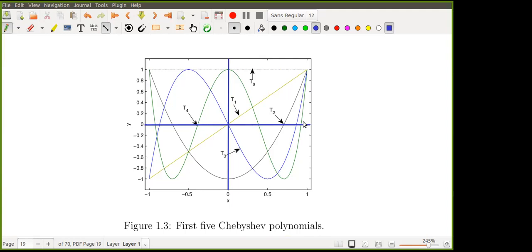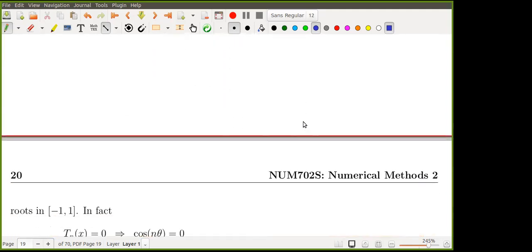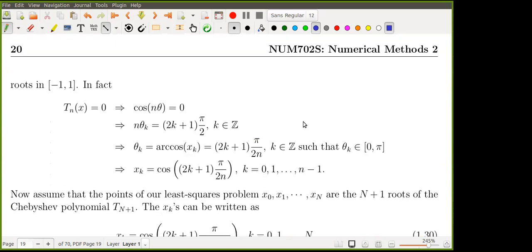So now let us prove the property that Tn equal to 0 implies that we have exactly n roots.